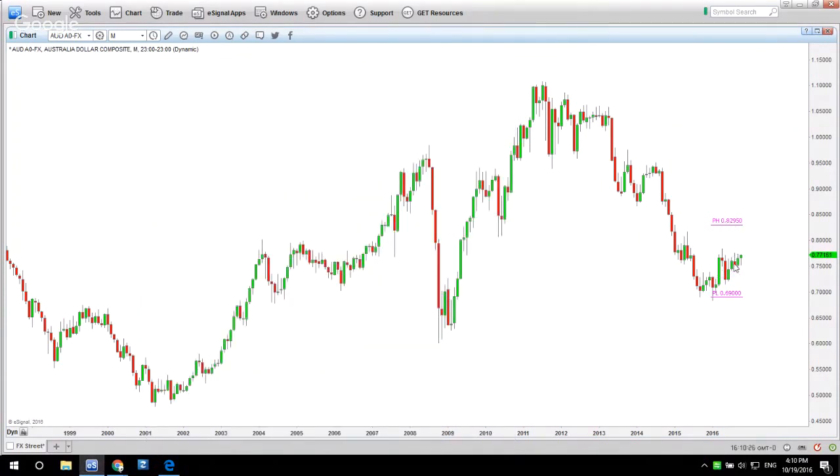As we're in 2016, this is the high and the low of 2015. Just to be clear, guys, that's January to December 2015. These aren't 52 weeks back from today. These aren't Donchian channels. This is the high and the low of the previous calendar year.